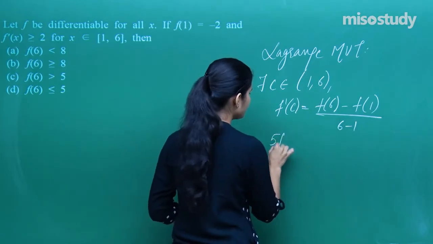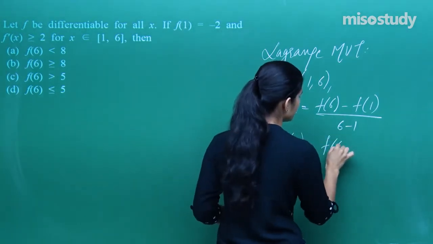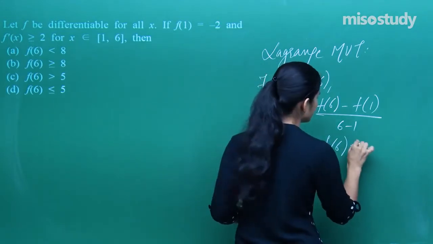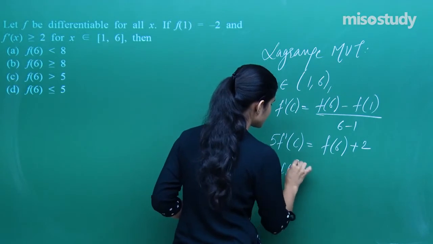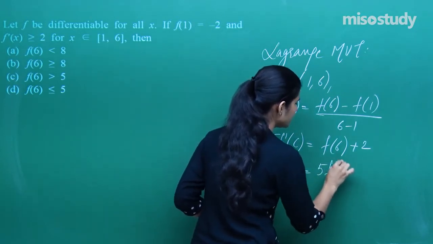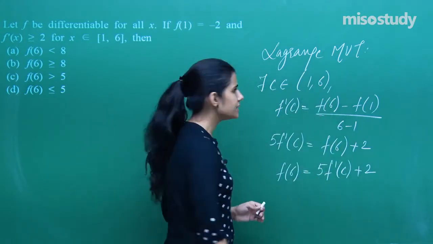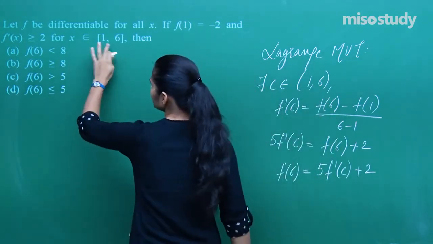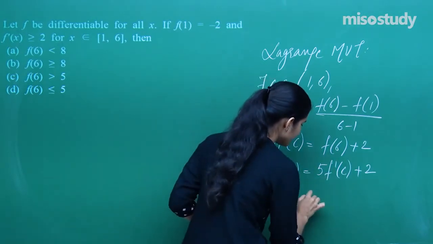This gives you 5 times f'(c) equals f(6) minus f(1). f(1) is given as minus 2, so this is plus 2. So f(6) is actually 5 times f'(c) plus 2. c is a member coming from this interval, and for every member from this interval f'(x) is greater than or equal to 2, so f'(c) will be greater than or equal to 2.